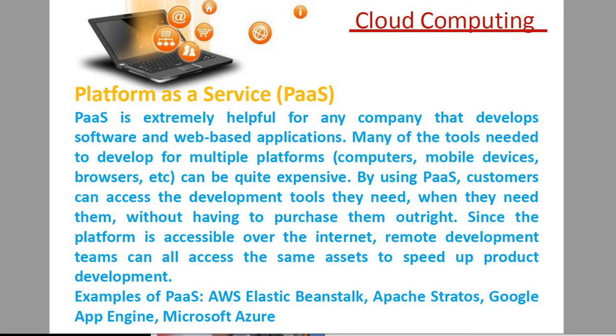By using PaaS, customers can access the development tools they need when they need them without having to purchase them outright, since the platform is accessible over the internet. Remote development teams can all access the same assets to speed up product development. I will give you some examples of PaaS: AWS Elastic Beanstalk, Apache Stratos, Google App Engine, Microsoft Azure.